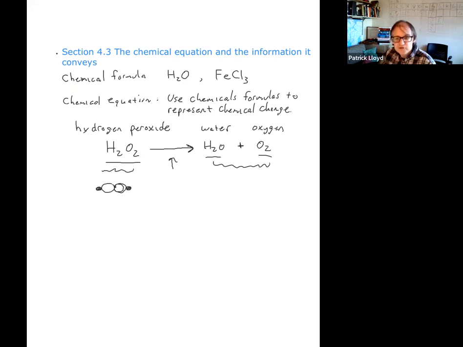And this molecule is falling apart. It's doing what we call a decomposition. It's breaking up into an oxygen and a hydrogen, and then another oxygen and a hydrogen. Okay? The little one is hydrogen, the big one is oxygen.